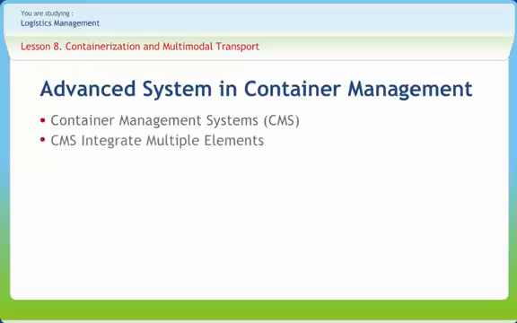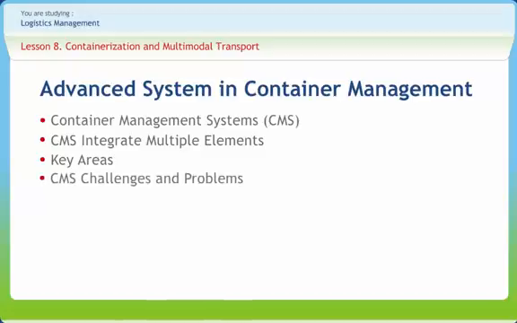The main elements of CMS integrate are container identification, container data capture or mobile computing, application software and hardware, and integration software and hardware. The key areas in which CMS can be of critical importance are inventory management, location management, preventive maintenance, billing, value-added processing, routing, demand planning, and forecasting.